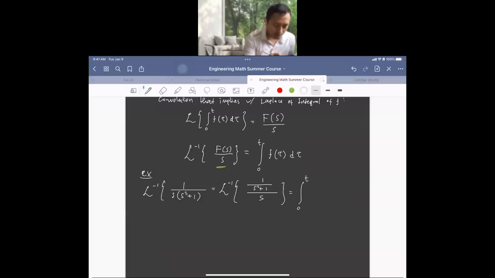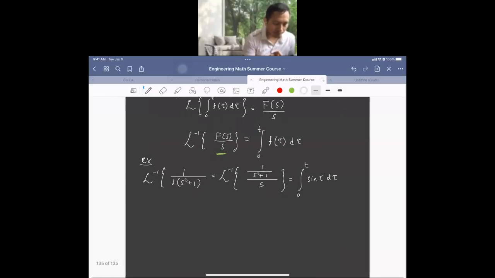So we can have our integration of our function that is sine, let's say sine tau d tau. And then this will become negative cosine tau from 0 to t. So this will be equal to 1 minus cosine t.